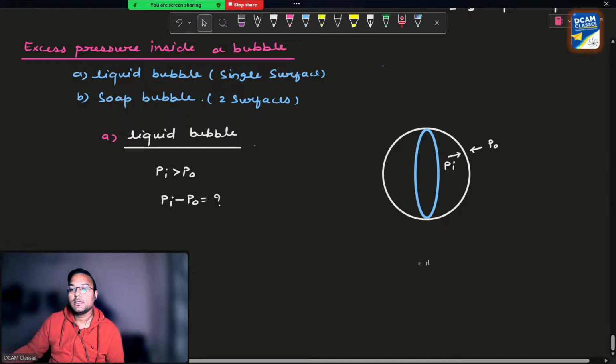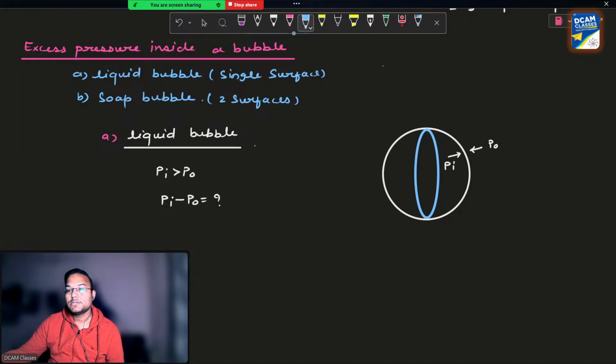Suppose the radius of this bubble is small r.